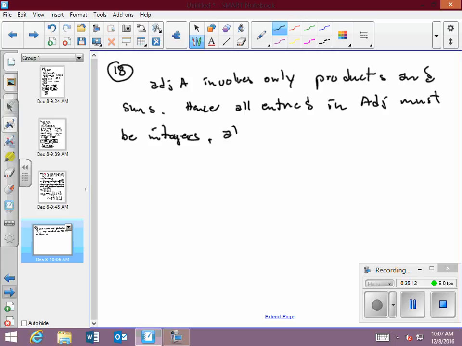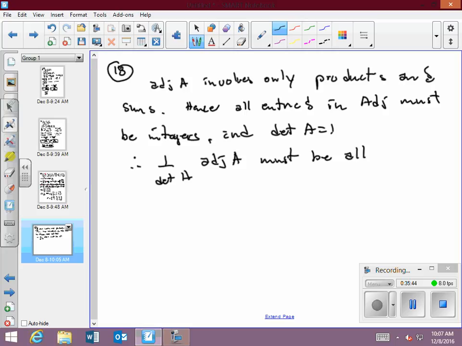And the determinant of A equals 1, and therefore 1 over the determinant of A times the adjoint of A must be all integers.